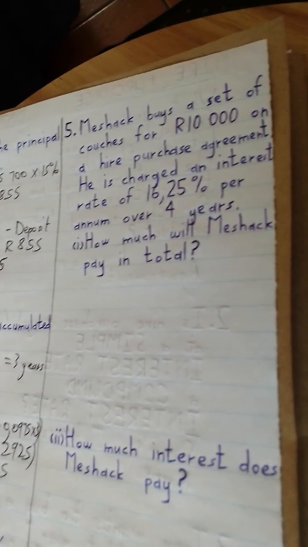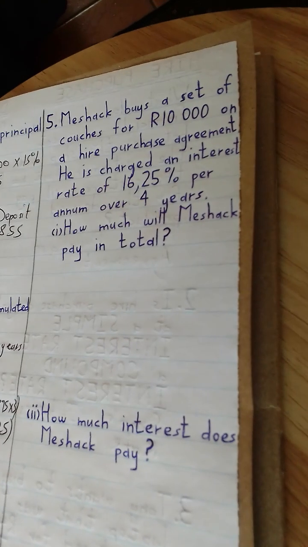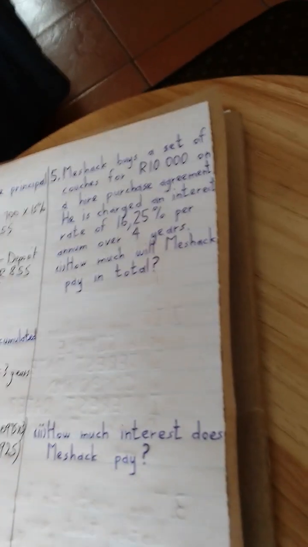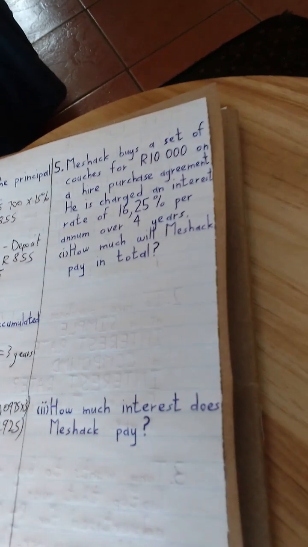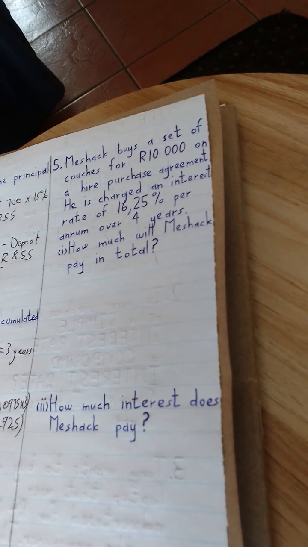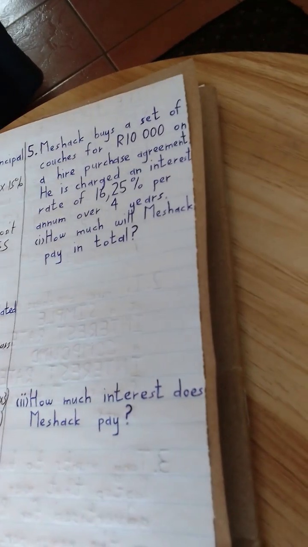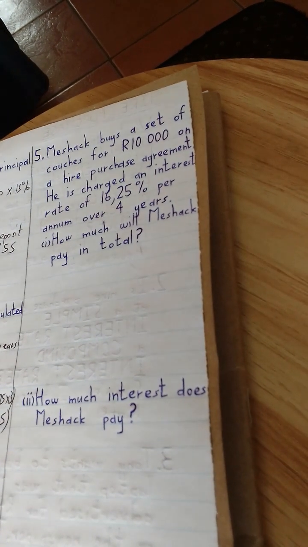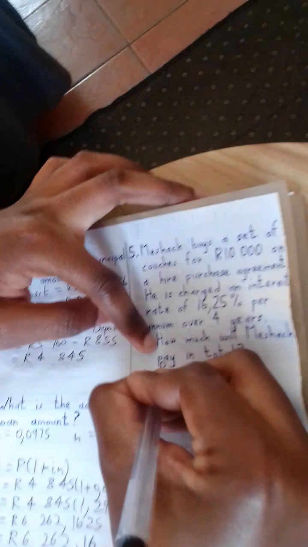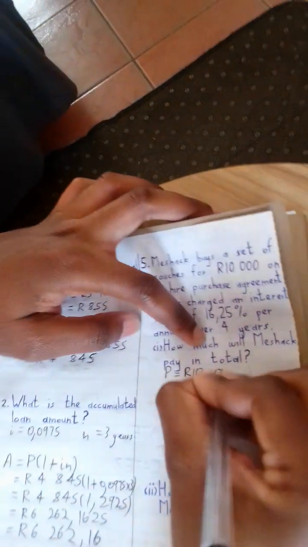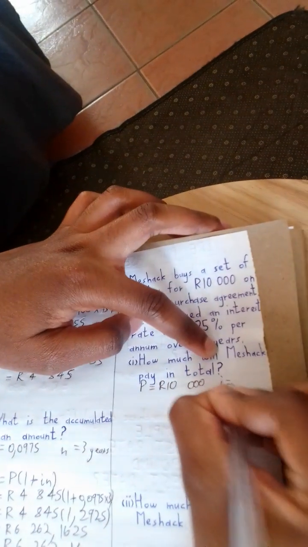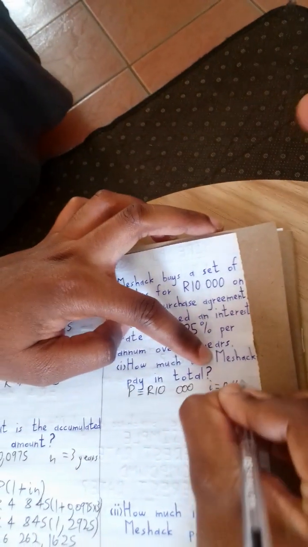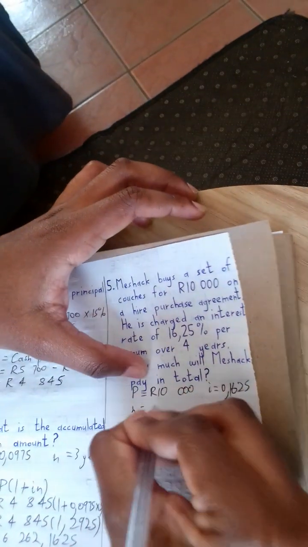So Mishak buys a set of couches for 10,000 rand on a hire purchase agreement. He is charged an interest rate of 16.25% per annum over 4 years. Roman numeral number 1 states, how much will Mishak pay in total? So, since here there's no deposit mentioned, it means there's no deposit. So P is as it is, it's 10,000 rand. i is 16.25%, which is 0.1625. n is 4 years.